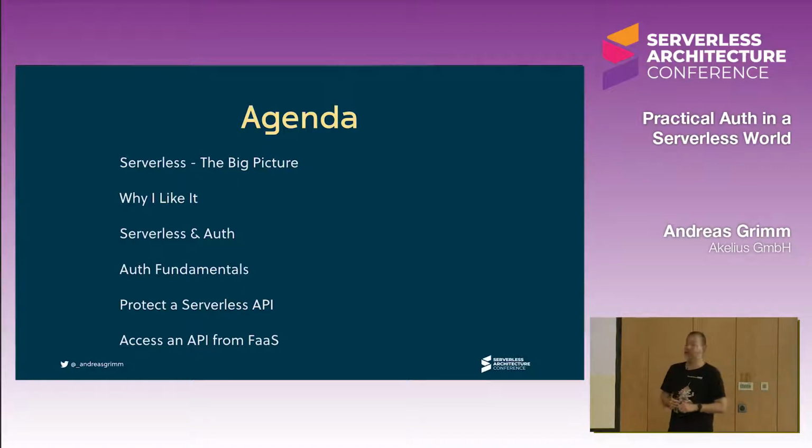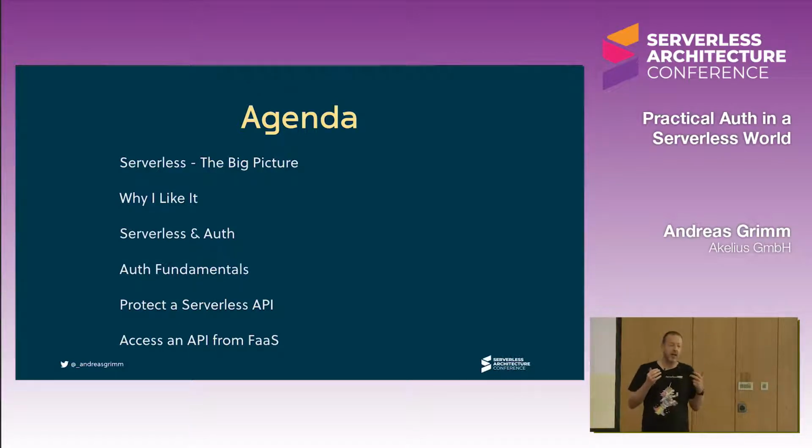This is going to be the agenda for today. Really quick, I'll tell you something about that, give you an overview of serverless and why it is important to have this base for Auth that comes in then. Really quickly, why I like it, some Auth fundamentals, and then two important things.